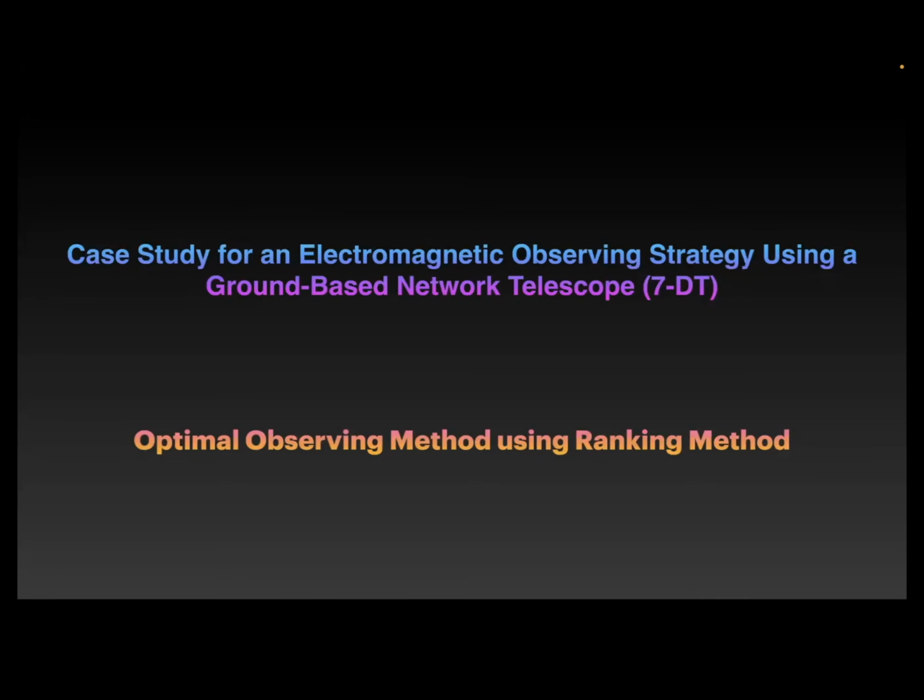Okay, now I want to give a case study for the electromagnetic observing strategy. I want to talk about the 7-Dimensional Telescope. I take this telescope here as an example of how we can do the observations for a ground-based network telescope, and we apply the optimal observing method.